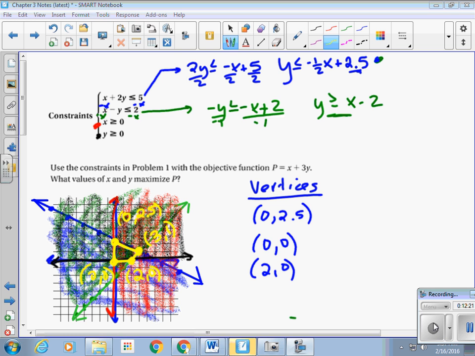And because my graph is a little off right there, we're going to go ahead and plug in 3, 1 and see if we get where our lines cross. So when I plug in 3, do I get equivalent statements?